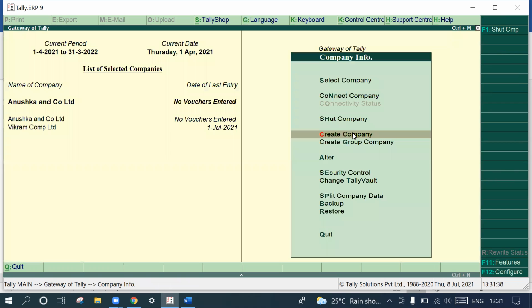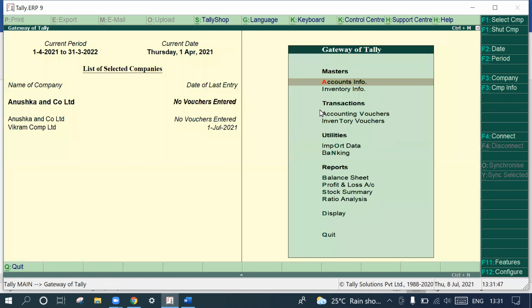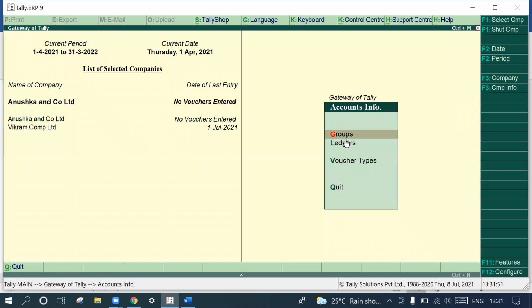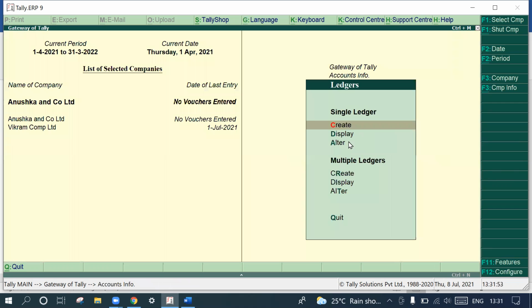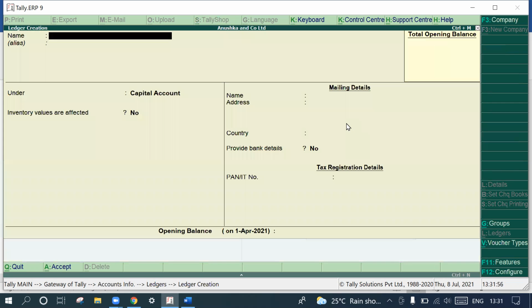Next, company creation is over. See, it is highlighted. Now escape. Now you should go to accounting information, creation of ledgers, create single ledger.